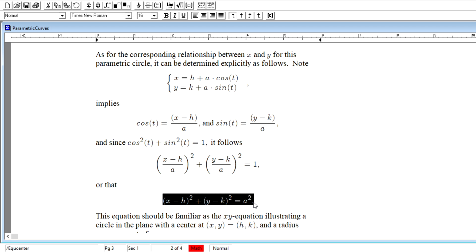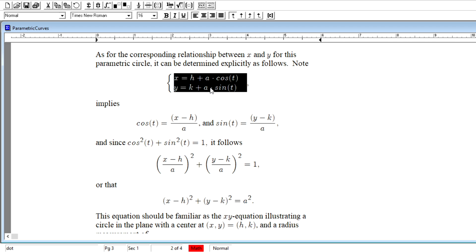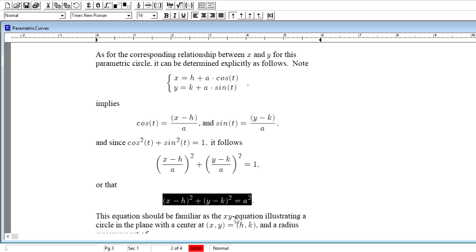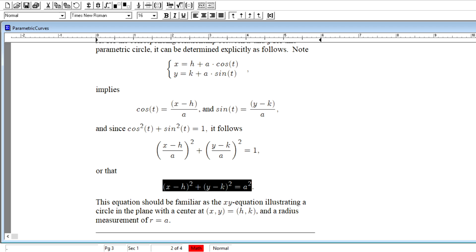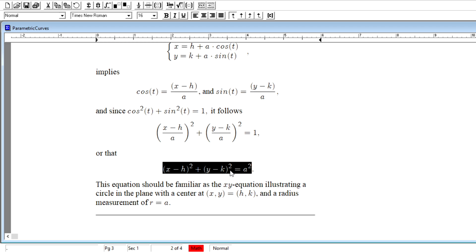And what you should note is that this generic rectangular equation corresponding to this generic set of parametric equations for a circular parametric curve is just the equation for a circle, the equation for a circle that we should be familiar with from our study of algebra. It is a circle whose center is at the coordinate h comma k, and whose radius measures a in value.